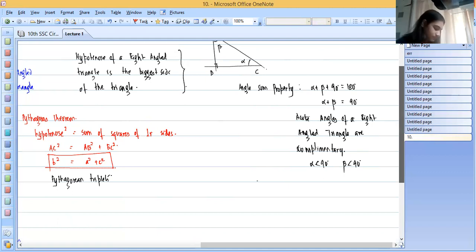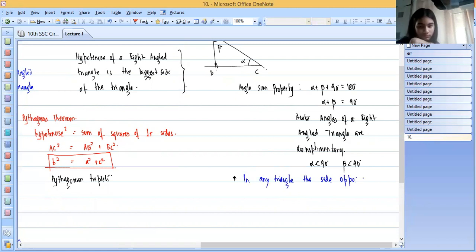But we also know that in any triangle, the side opposite to the greatest angle is greatest, or biggest.